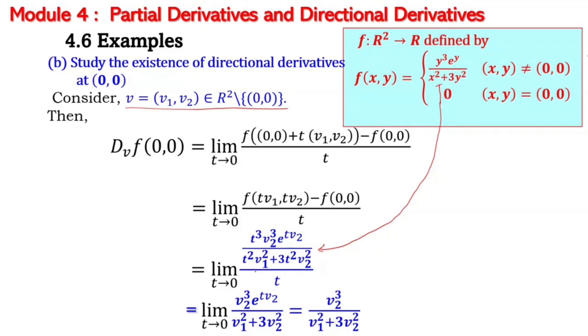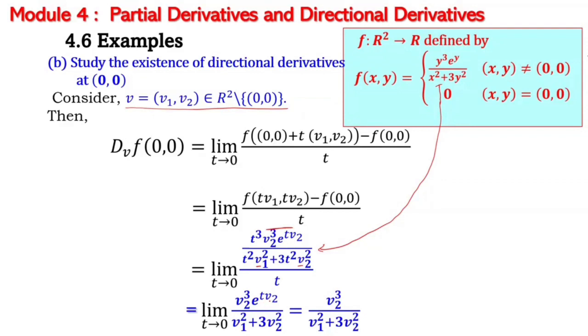Therefore if you simplify it, you will see t squared and t to the power 3, and this t and that t cancel out. So we are left with this part, and then v1 squared plus 3 v2 squared.